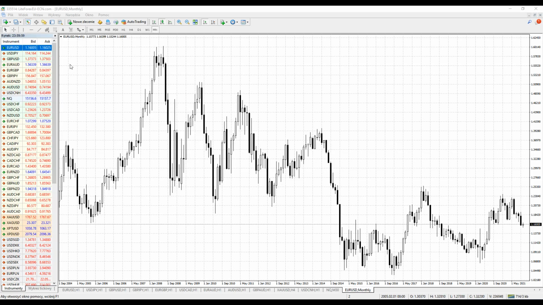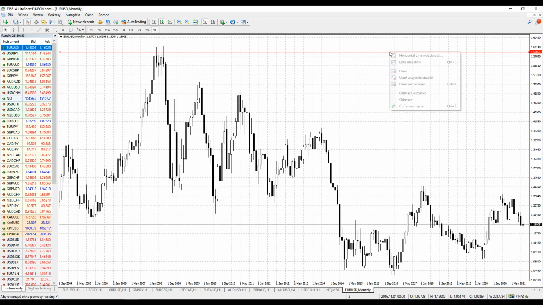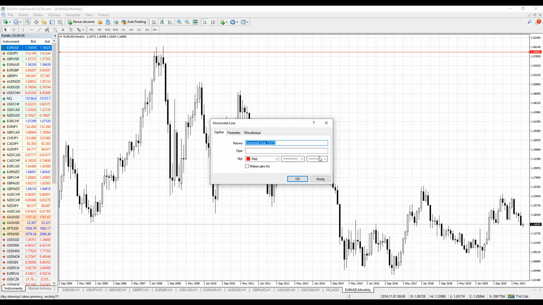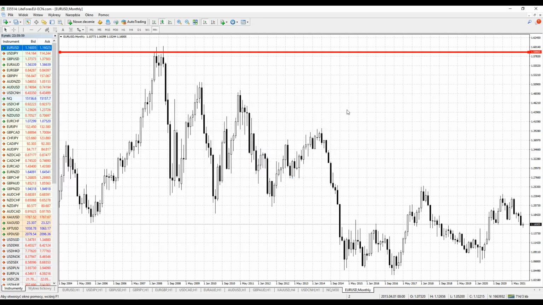So when it comes to the monthly chart, I'm going to use the red color, right? It's very important, because even if I switch lower, especially if the price approaches a red line, I know it's a monthly important level.